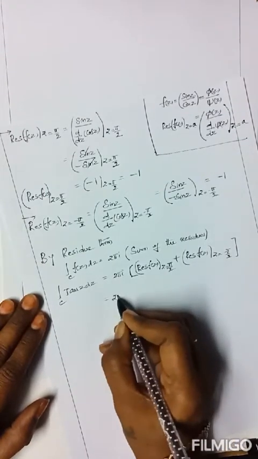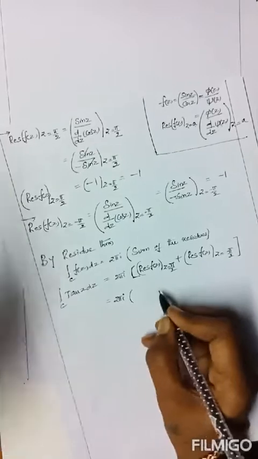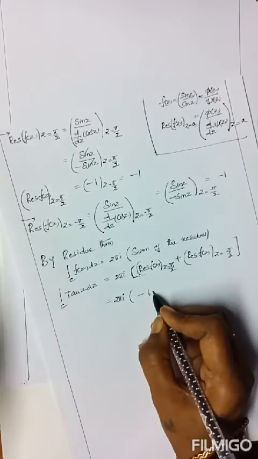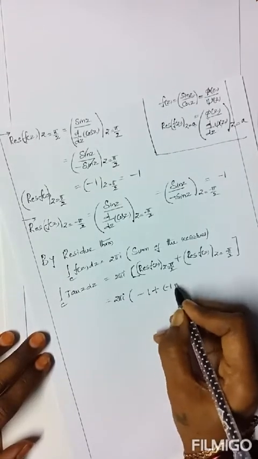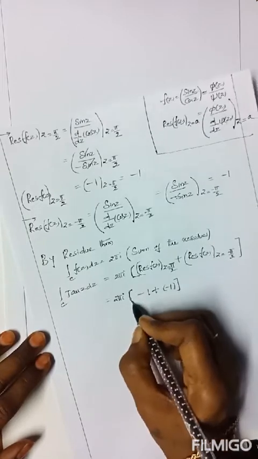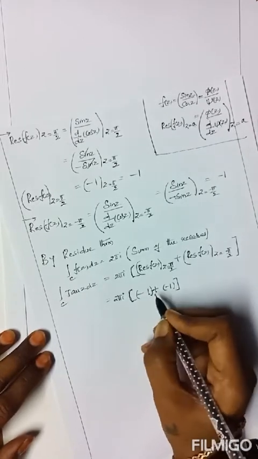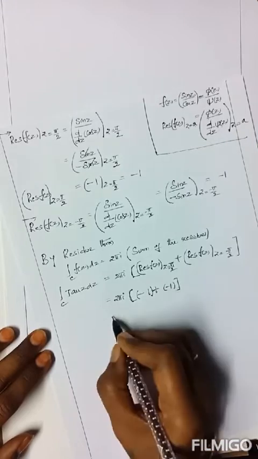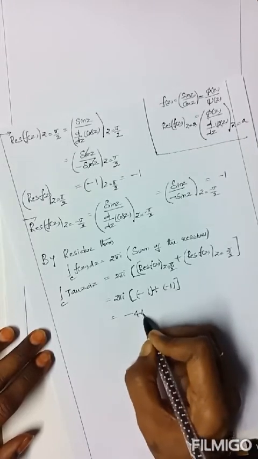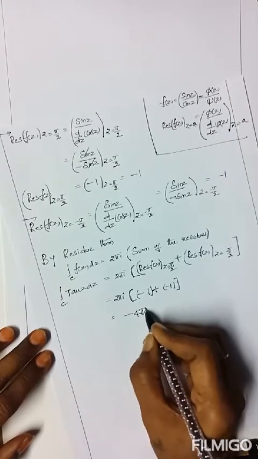Now 2 pi i times minus 1 plus minus 1. Totally the result is minus 4 pi i, which is the result of the given integral problem.